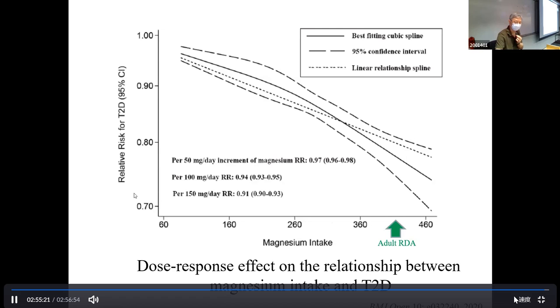The lower the value, the lower the risk, the better off you are. What you can see is that it is an inverse relationship. Our recommendation here basically represents the lowest risk. That means if you take in magnesium at the RDA level, you more or less have the lowest risk. But as you decrease your magnesium intake, your risk of T2D increases.